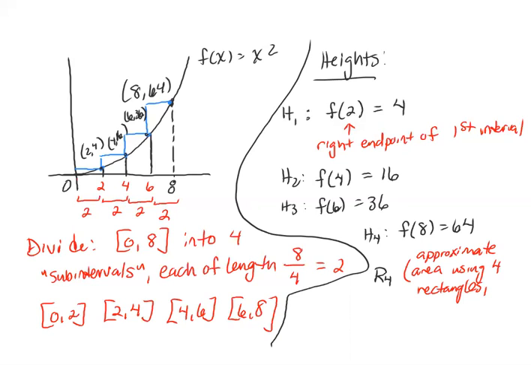R is because I'm using the right endpoint for each of the intervals that I split up 0 to 8 into, using the right endpoint.